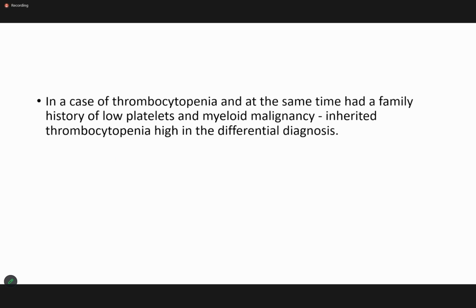And in a case of thrombocytopenia with a family history of low platelets and myeloid malignancy, you need to think about inherited thrombocytopenia high in the differential diagnosis as well.